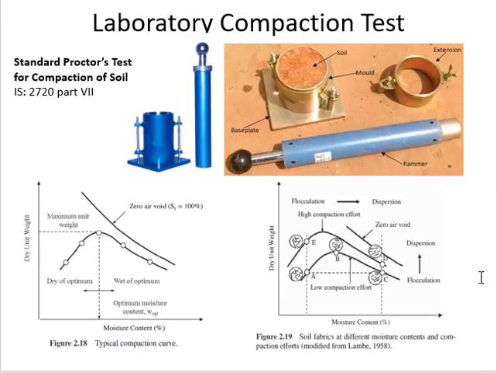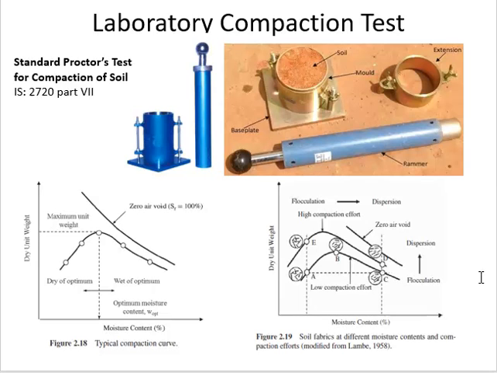The weight of soil is determined and bulk density is estimated by taking the ratio of mass of soil to volume of soil. The water content is estimated using oven drying method and the dry density is determined. The water content is increased and the process is repeated to get set of water content and dry density values.